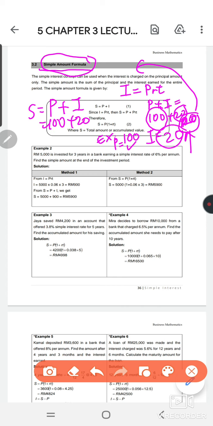So S equals to P plus I, or we know that the formula for I is PRT, so we just substitute I with PRT. So for the formula of S, we also get S equals to P plus PRT, or you can factorize P. Here when you factorize, it becomes 1 plus RT.